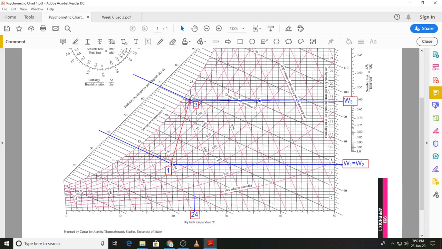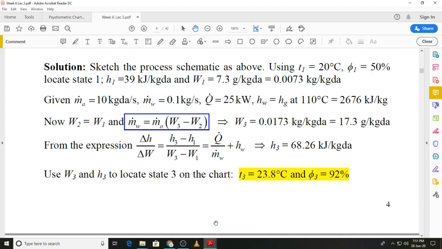We do not know, because we need a second property at state 3 to locate that point on the psychrometric chart, and we can use the resulting equation that we had obtained, that is delta H by delta W, in which if you look at the equation, H1 is worked out, so is W1, W3 has also been worked out, Q dot is given to us, and m dot w is also given to us.